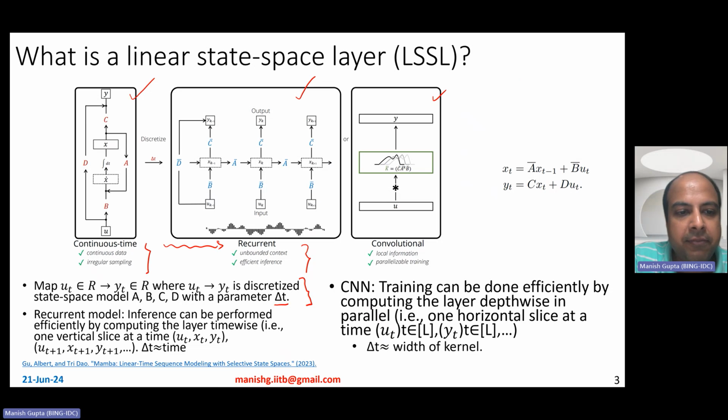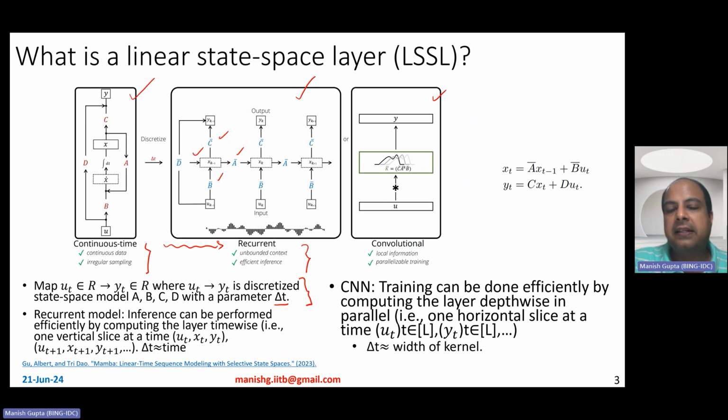So we take the original parameters A, B, C, D, bring in an extra hyperparameter called delta t, which tells you at what time points you're going to discretize, and come up with a discretized version with A bar, B bar, C bar, and D bar.